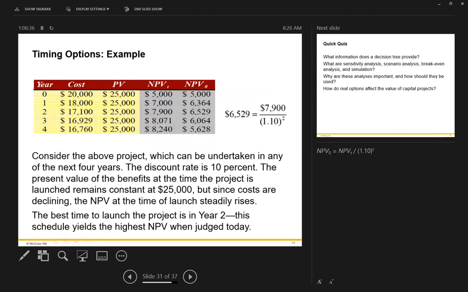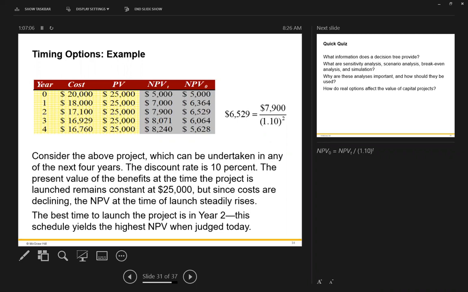Here's an example of timing options. So consider the above project, which can be undertaken in any of the next 4 years. The discount rate is 10%. The present value of the benefits at the time the project is launched remains constant at $25,000. But since costs are declining, the net present value at the time of the launch steadily rises.